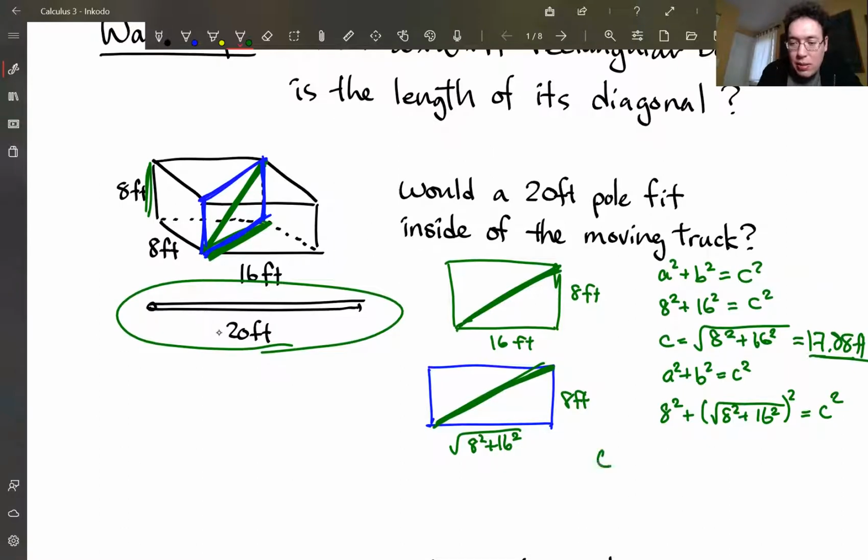And we get c is equal to the square root of 8 squared plus 8 squared plus 16 squared. Let's type this into the calculator.